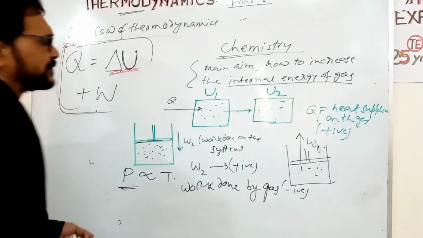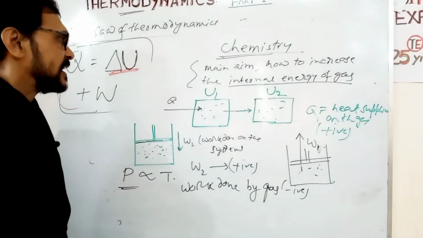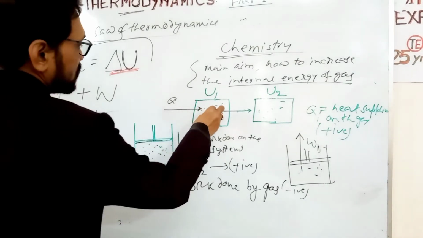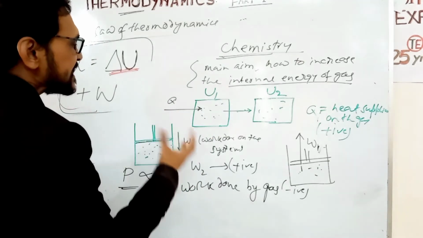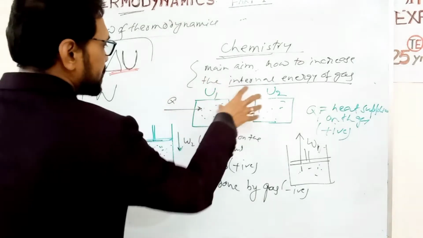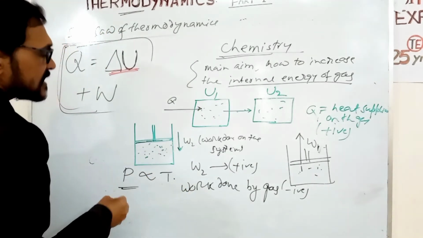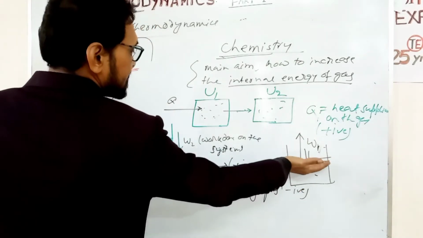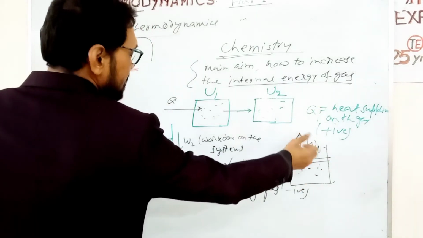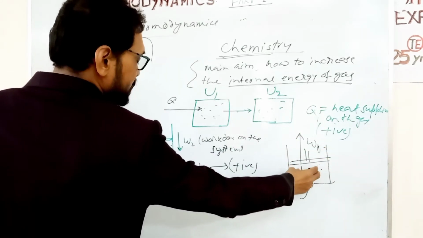So in physics, our main purpose is work done by the machine, and in chemistry our purpose is how to increase the internal energy of the gas. So which factor increases the internal energy of the gas, we take as positive, and which factor decreases the internal energy, we take as negative.